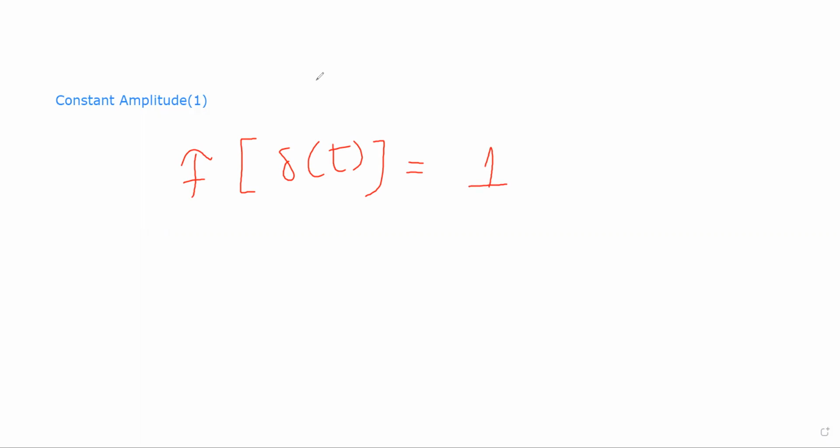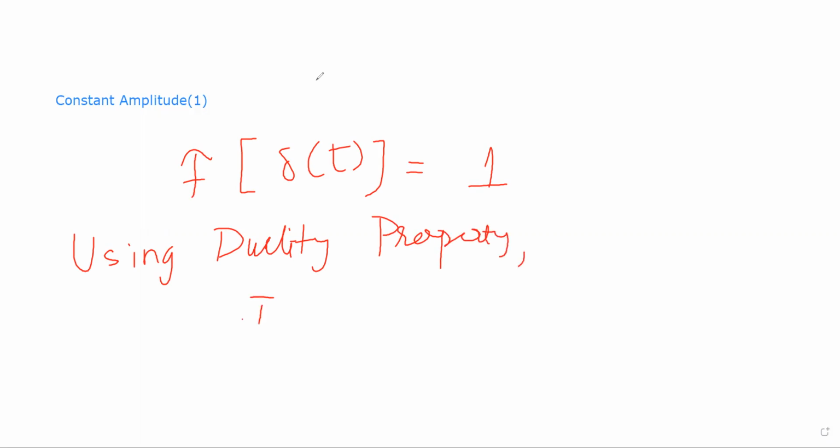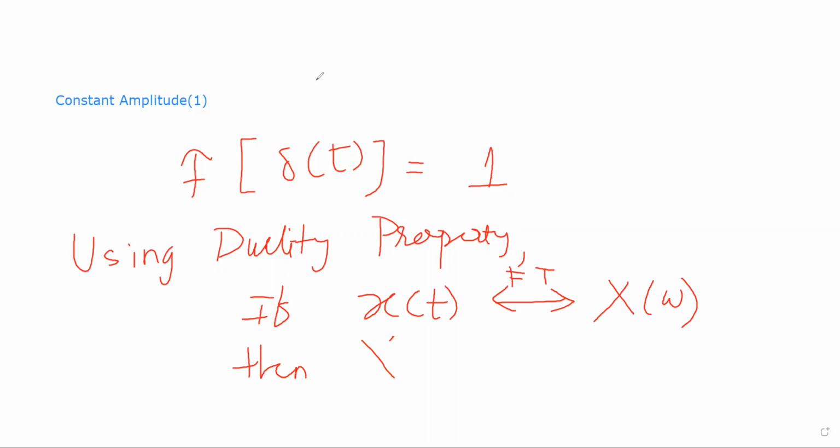Using the duality property, which says that if the Fourier transform of a given signal x of t is given by X of omega, then the Fourier transform of capital X of t is given by 2 pi into small x of minus omega. This is the property called the duality property.